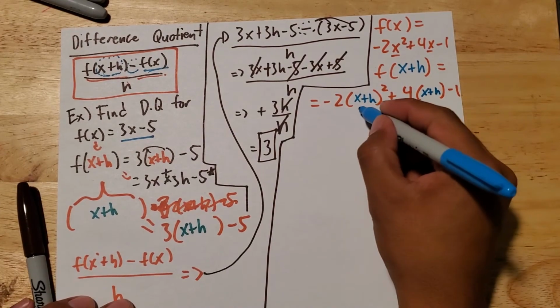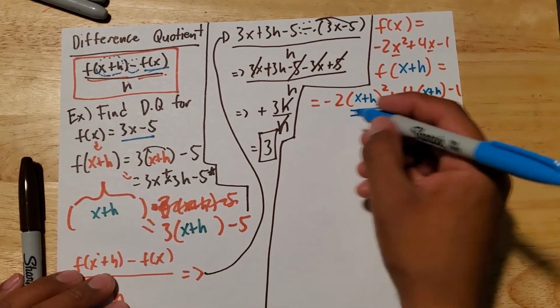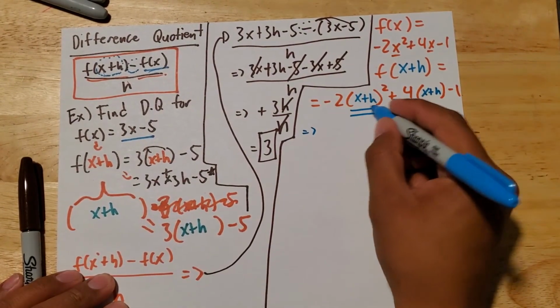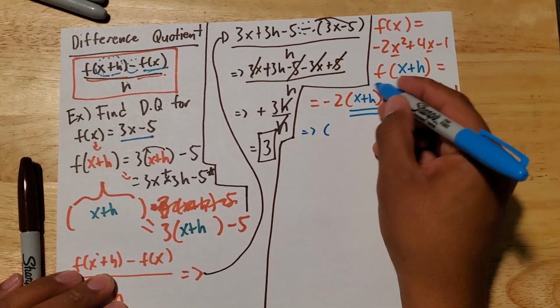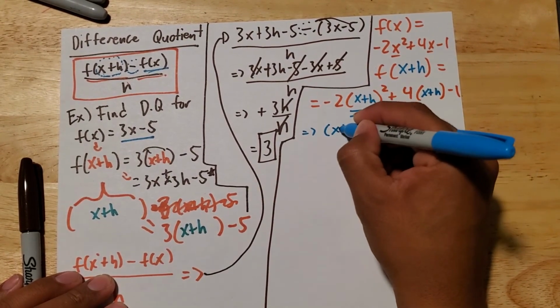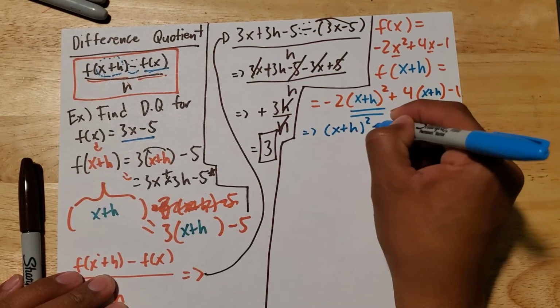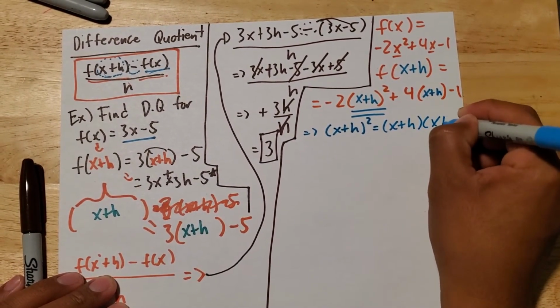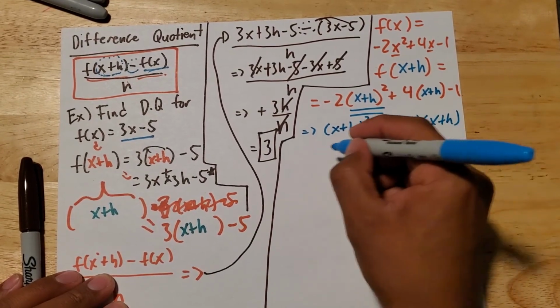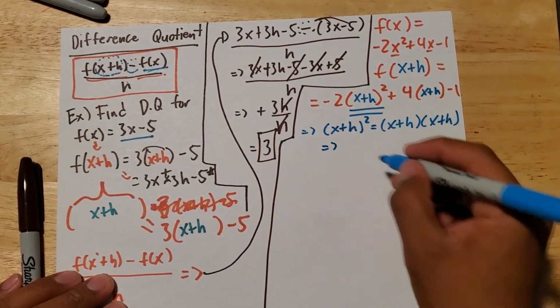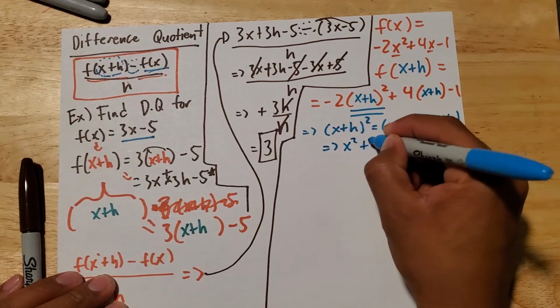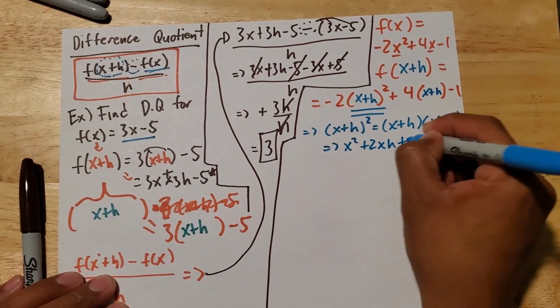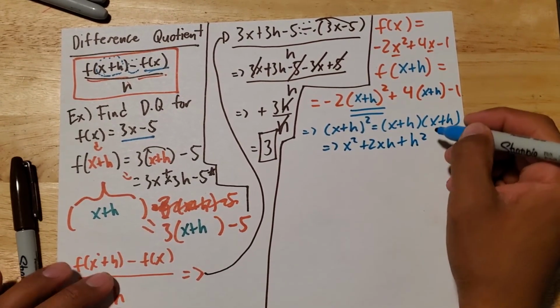Now, you just have to be careful with this portion here, because that means don't distribute that power. What this x plus h squared means is x plus h times x plus h, which will give you x squared plus 2xh plus h squared.